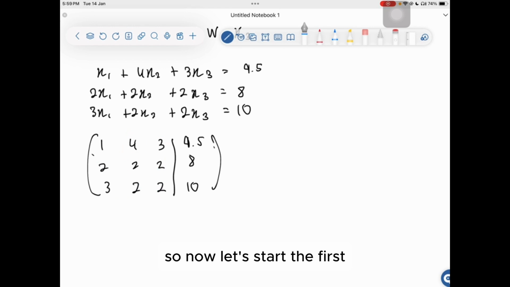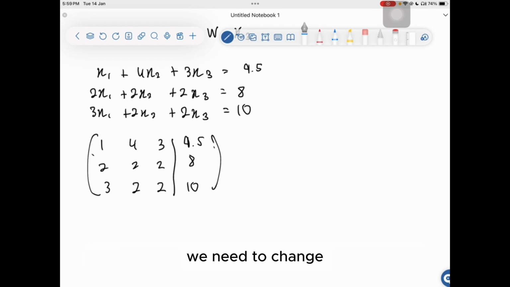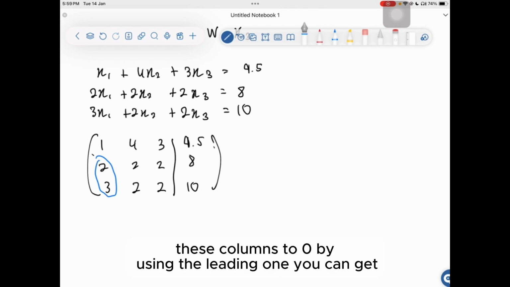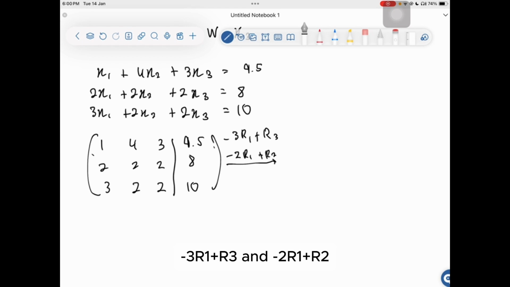So now, let's start. The first step is that we need to change these numbers, these columns, to 0. By using the leading one, we can make the operations negative 3 R1 plus R3 and negative 2 R1 plus R2.